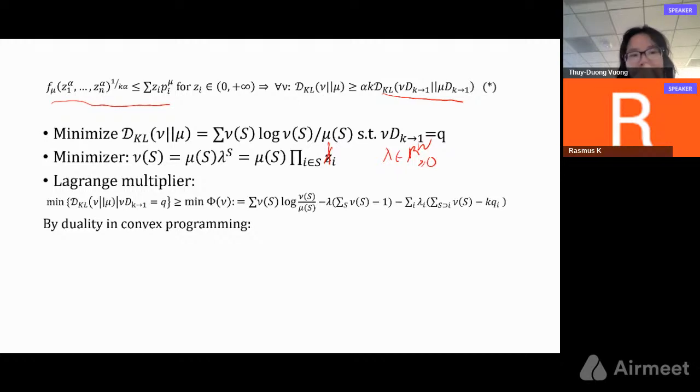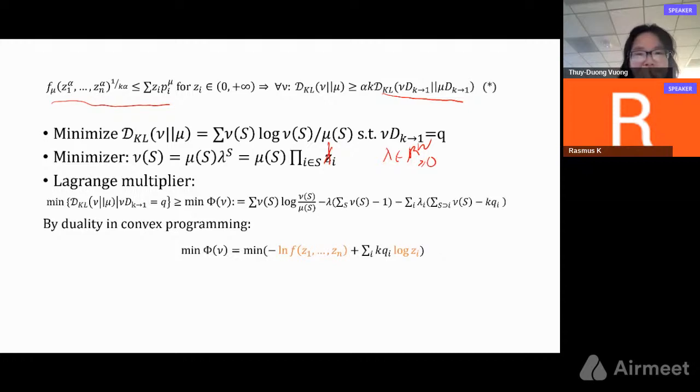So we can rewrite this minimum. The way to see it is we use the Lagrange multiplier, and we can rewrite this minimum as the minimum over this function φ(ν).